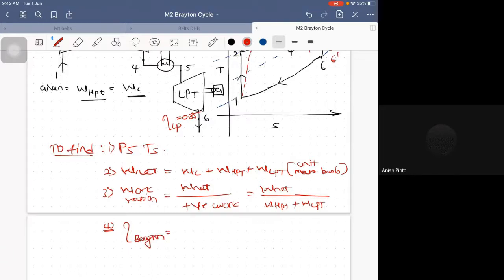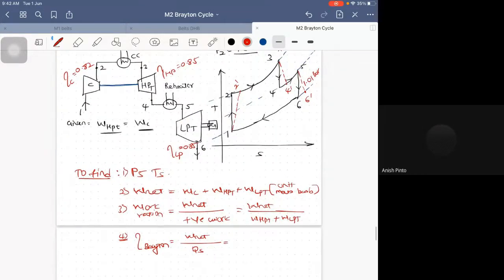It is output by input, that is W net divided by the heat input, that is the value of QS. W net you already calculated: WC, WHP turbine, WLP turbine. Now, how will you calculate QS?